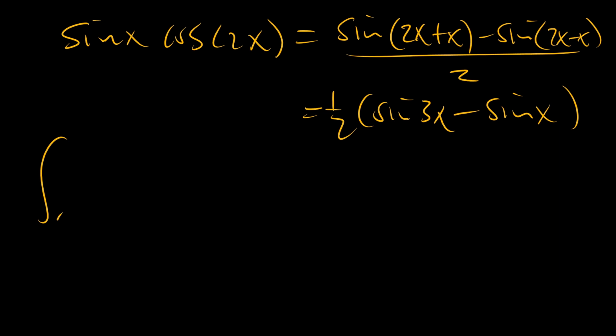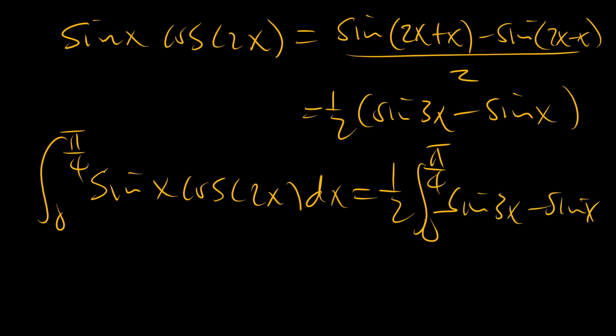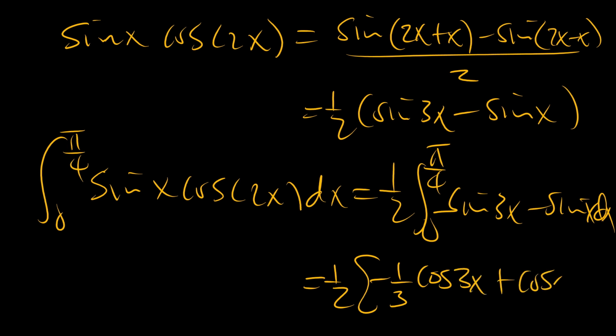So the integral from 0 to pi over 4 of sine x cosine 2x is the same as a half the integral from 0 to pi over 4 of sine 3x minus sine x, which is equal to a half, negative a third cosine 3x plus cosine x, from 0 to pi over 4.